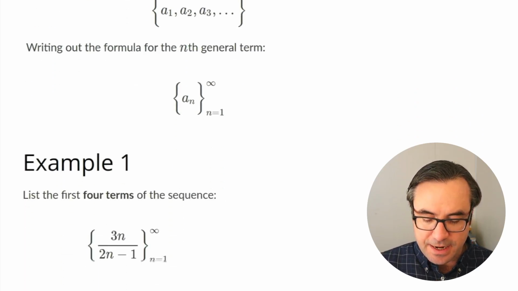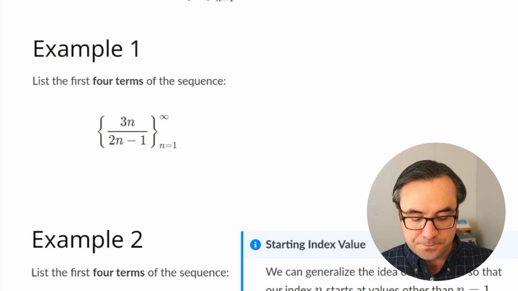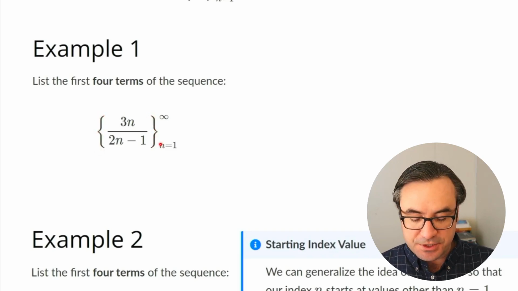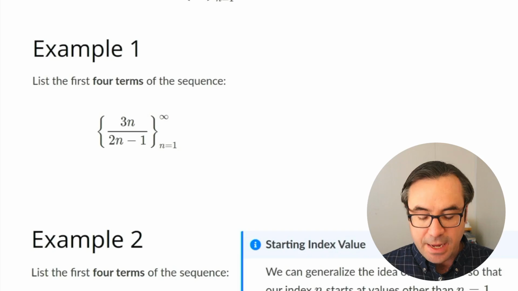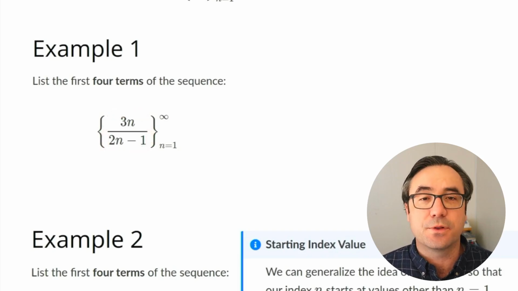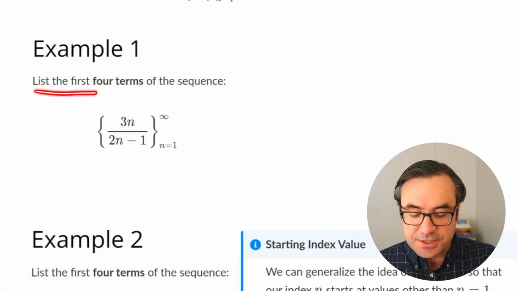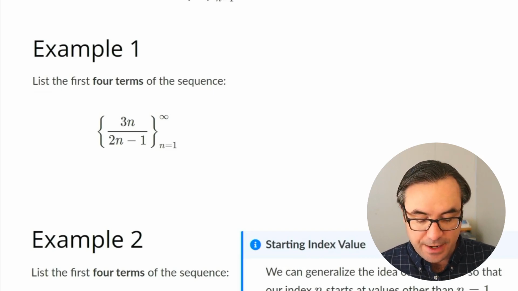So let's look at an example. Here's an example of a sequence. We've written it with curly brackets, it starts at n equals 1, and we're counting up from there. This term is the formula for our function. The directions say write out the first 4 terms, so let's do that.